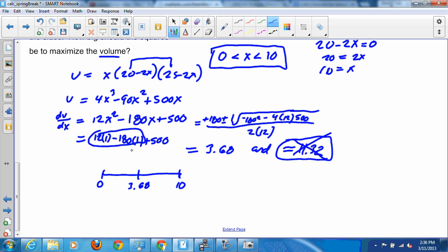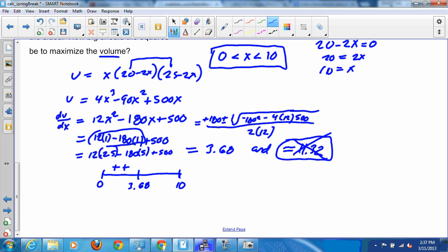A negative 168 with a positive 500 is still going to be positive, right? And if we pick a number, say like 5, and plug it into the derivative, we get 25 times 12 minus 180 times 5 plus 500.